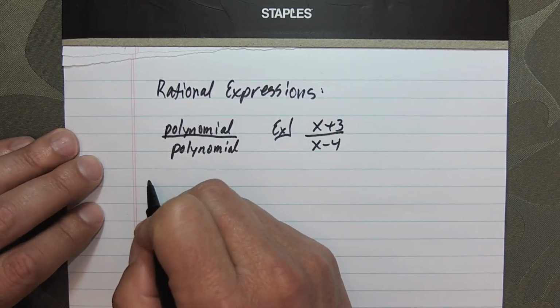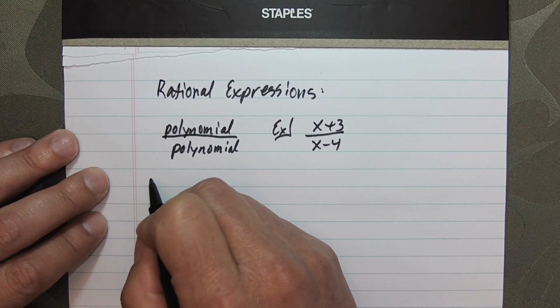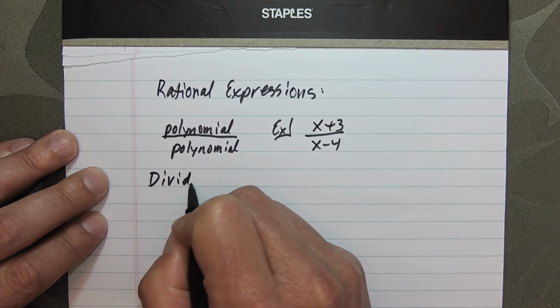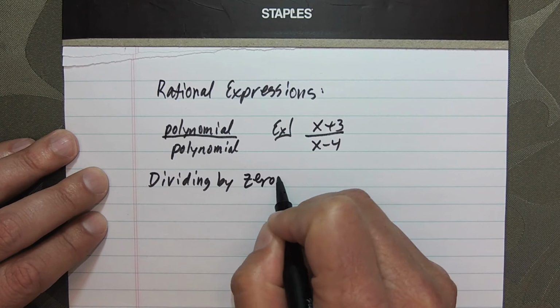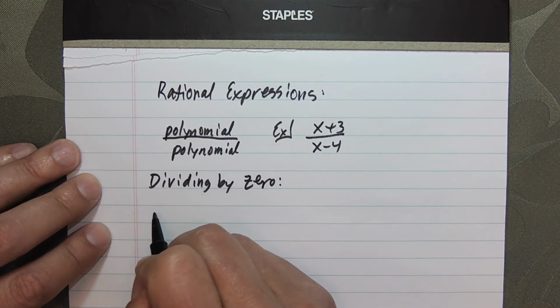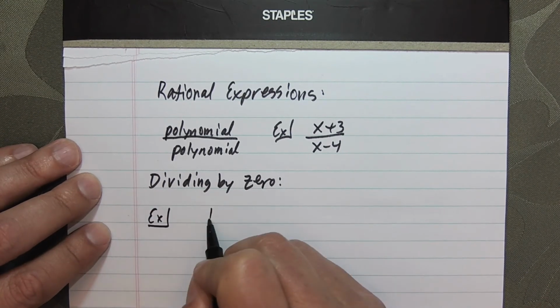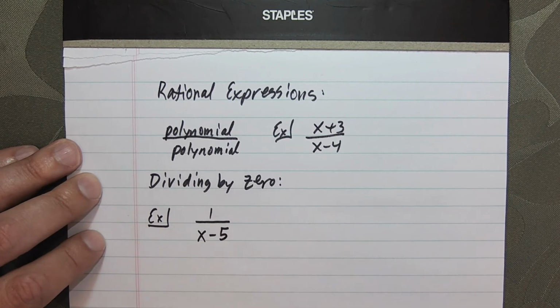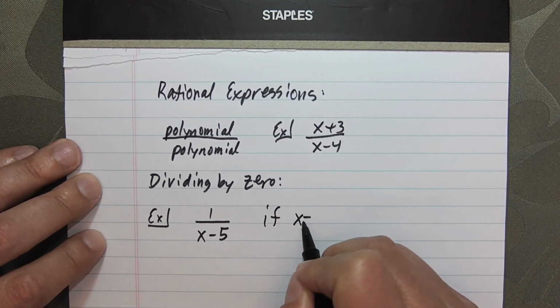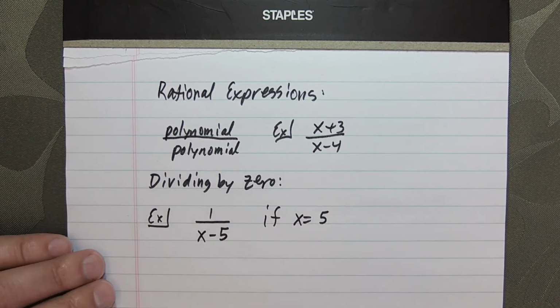And we're going to start out with dividing by 0. And so if I have an expression like this, if x equals 5, we're going to have a problem.